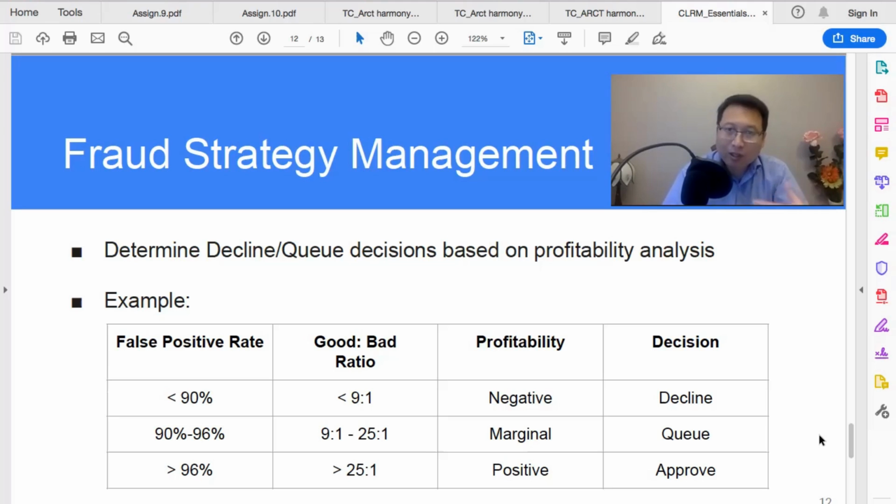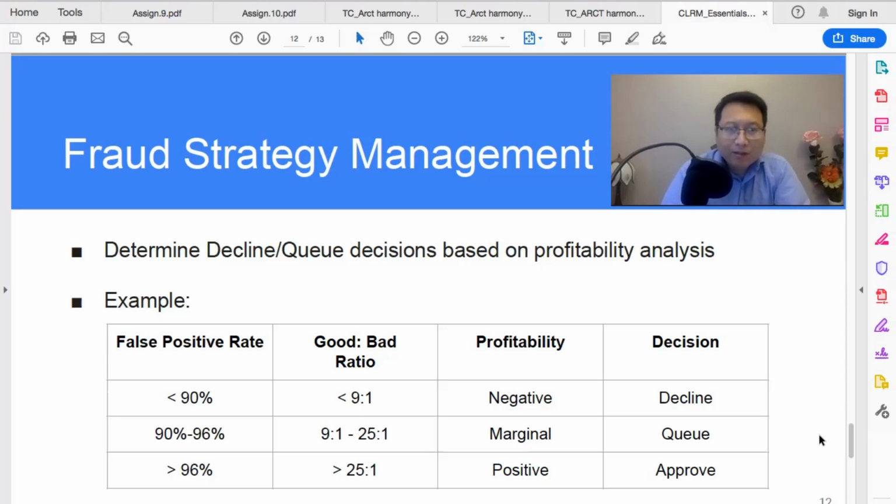Through calculation, and again you need to factor in your particular portfolio, the average purchase and the average loss, you can determine that the profitability for this segment is usually negative. That means you are losing money as a whole. In that case, you can just decline the population. Even though for every one bad account there may still be 8 good accounts, you just cannot afford to approve them.